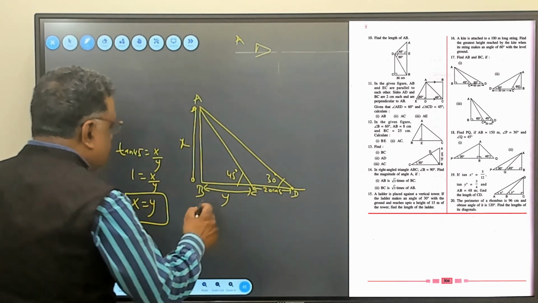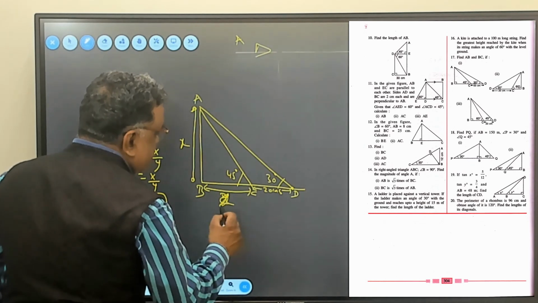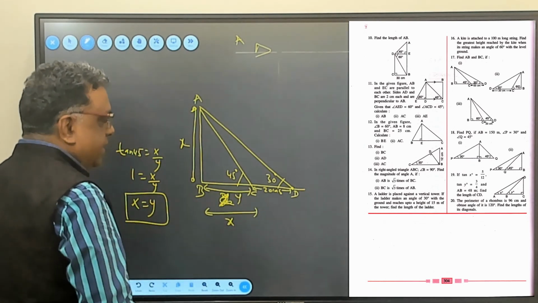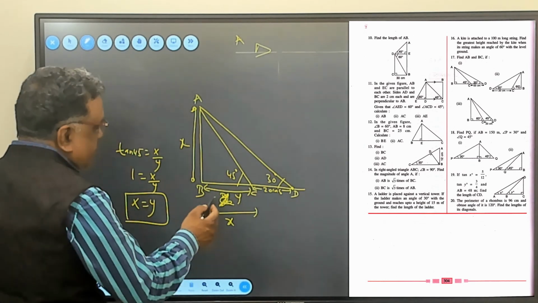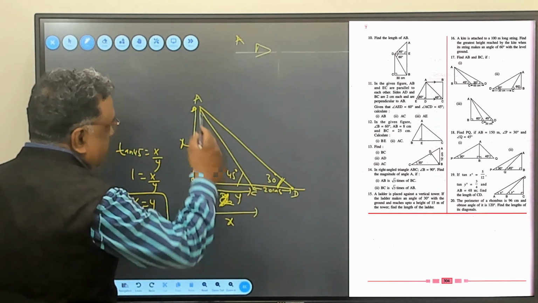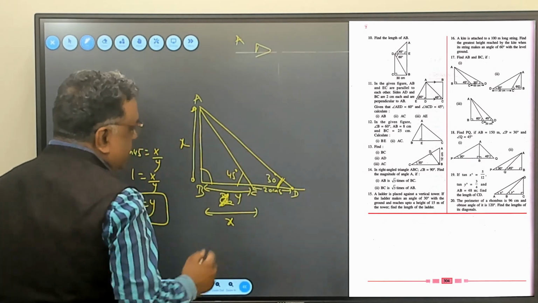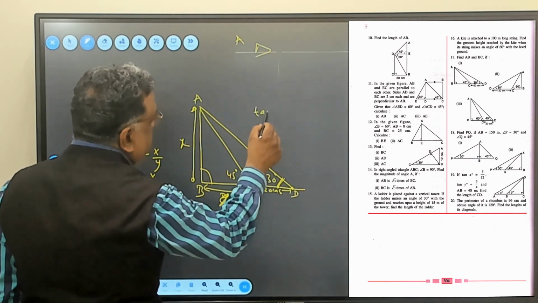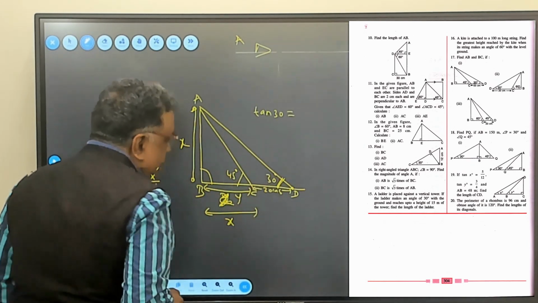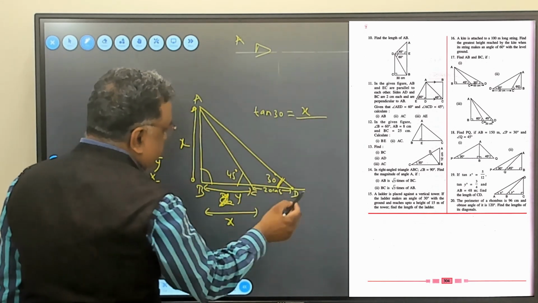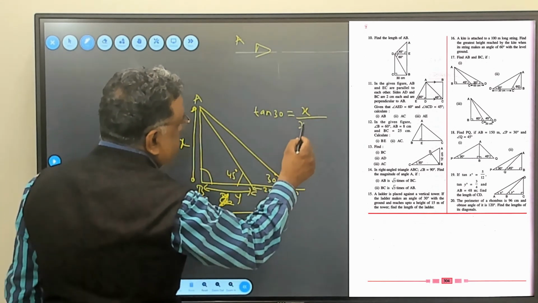Whatever is the value of this is going to be the value of this. So I can say this is also X because they both are same. So I can replace this Y by X. Okay. Now let me see in this particular triangle, the big triangle, the greater triangle, the largest triangle, I will apply tan 30. That will become X upon this side, which is X plus 20.